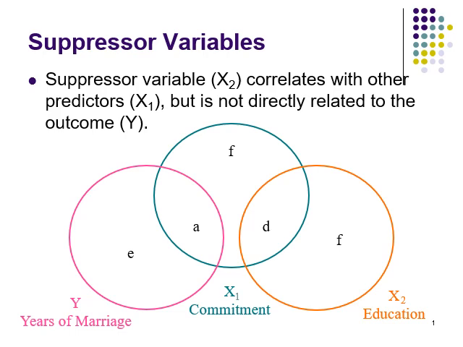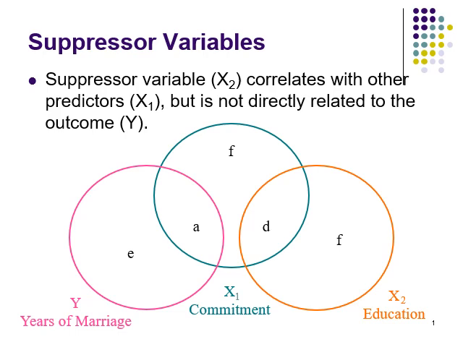And again, it's a little bit hard to visually conceptualize this, but just recognize that whenever we're drawing these Venn diagrams, they're estimates of variance. So we're estimating A, we're estimating D, we're estimating the remaining error or remaining variance in commitment, F, or education, F, or in years of marriage, E. And because those are estimates, there's plus and minus error in those estimates.